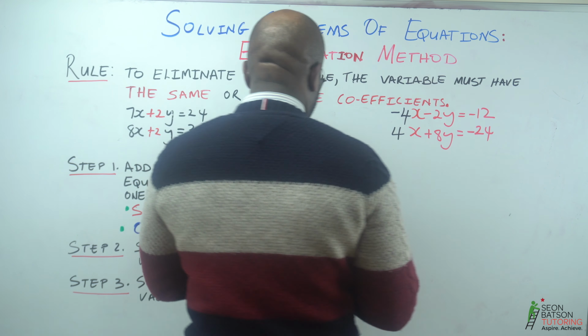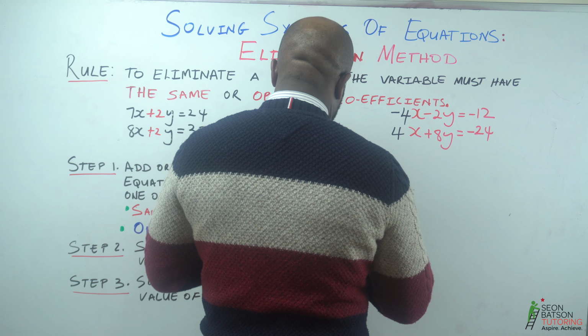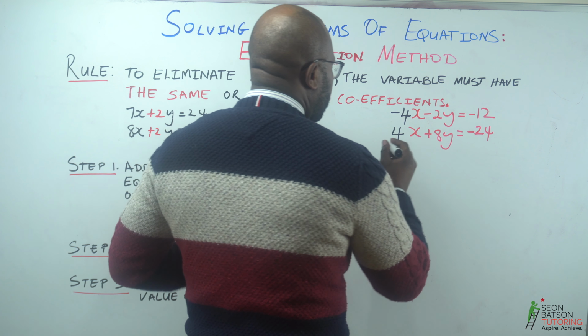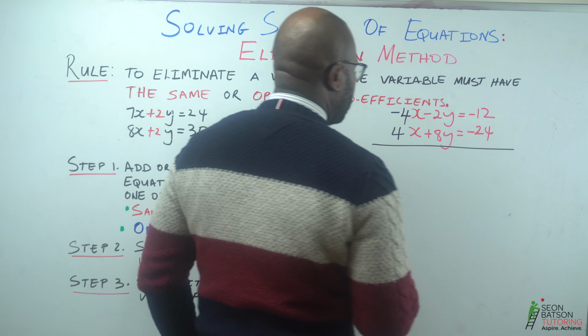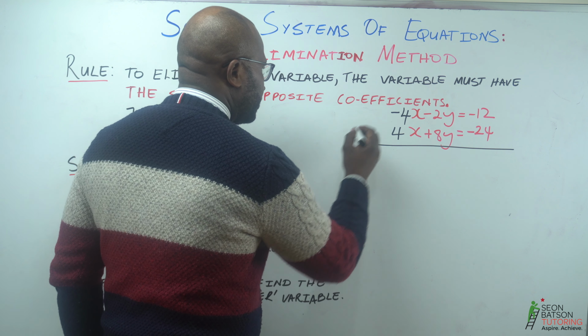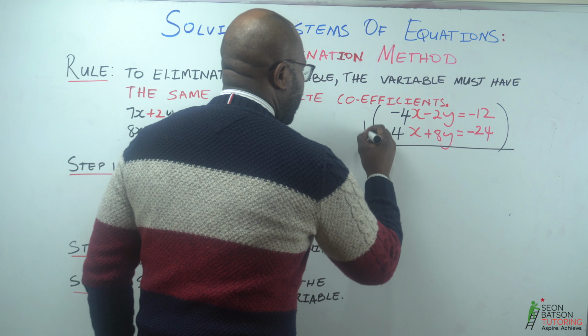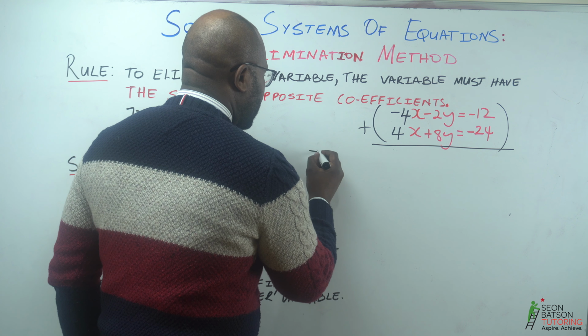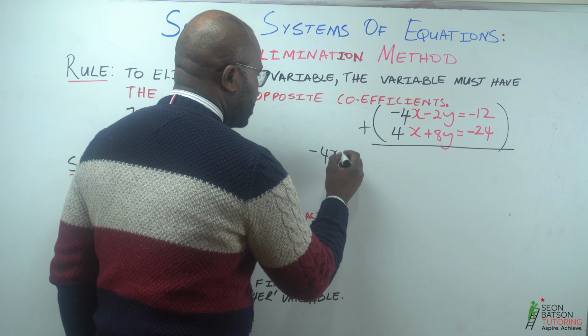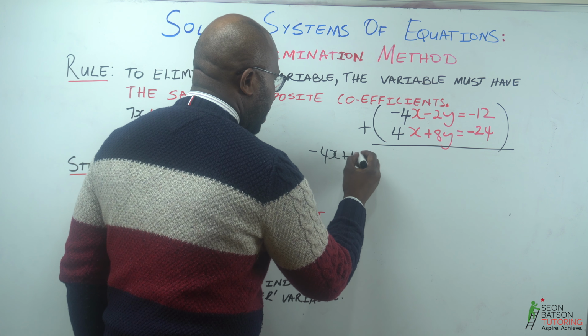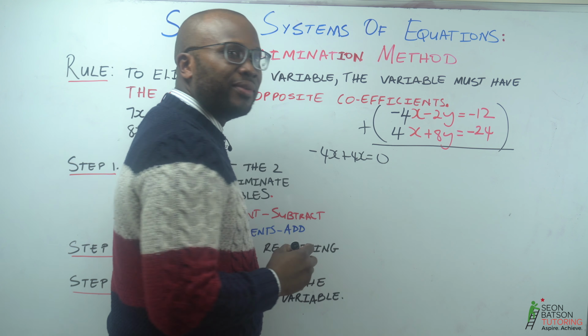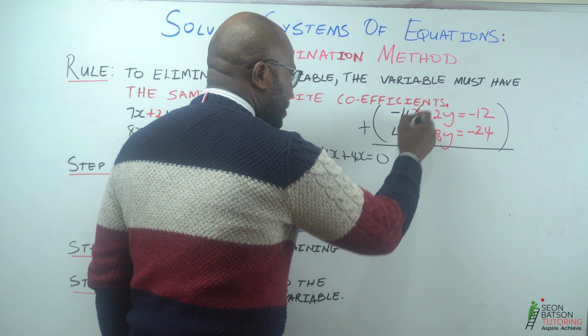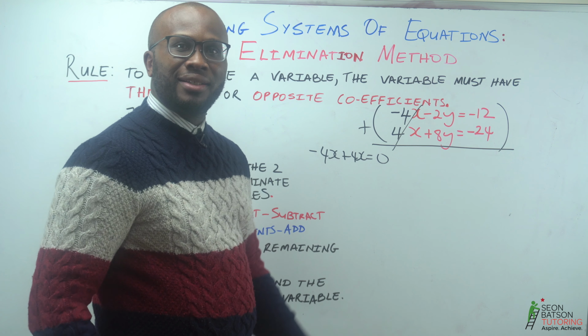So for step 1, we will add the equations to eliminate the x's. Look at this right here. I'm going to add them, yes? Negative 4x plus 4x will give us 0. See that? So the x is gone.